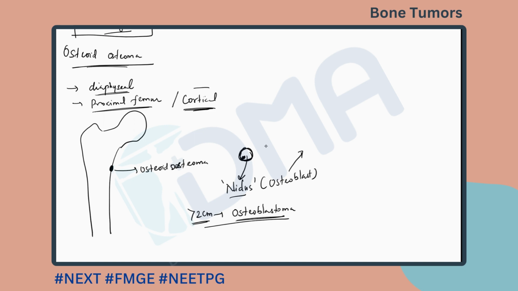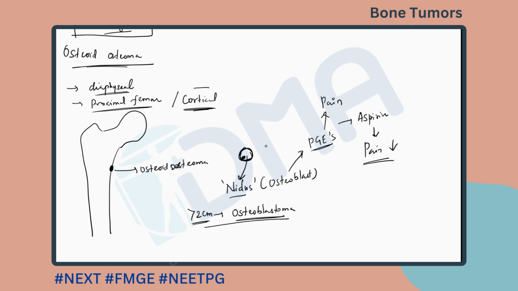And these osteoblasts will produce prostaglandins. Prostaglandins will cause severe pain. Hence, if you give aspirin to this patient, the pain will come down, because aspirin acts against prostaglandins. Very, very important point.